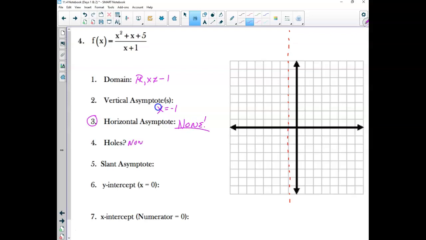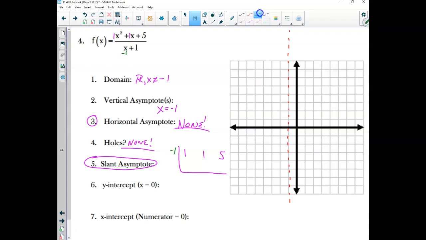However, what do you notice? There's nothing reduced. I had no holes. The top is exactly one more than the bottom. That means we've got a slant asymptote. Remember how we find our slant asymptote? We pull our coefficients off. So I got a 1, and a 1, and a 5, and we divide by what makes this denominator 0.